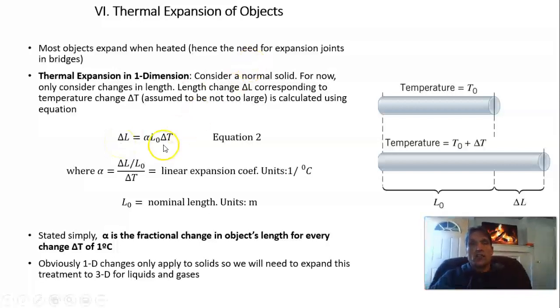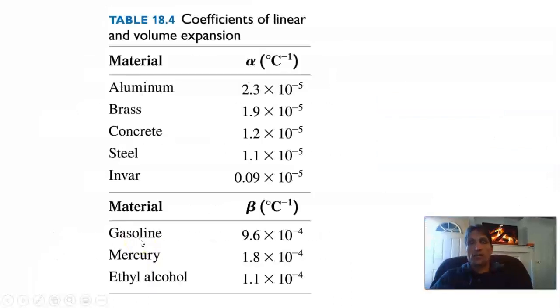The amount of expansion or contraction for a given temperature change depends on the initial size of the object, L0, and it also depends on the material. The effect is characterized by its linear expansion coefficient, which is the fractional change in the length for every 1 degree Celsius change in the temperature.